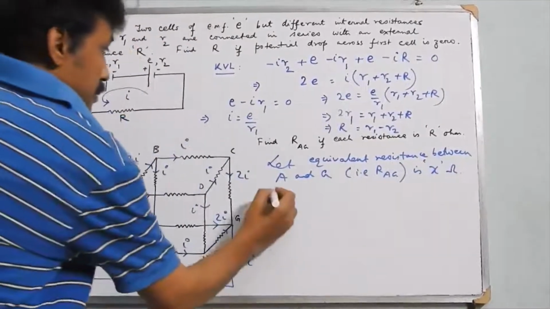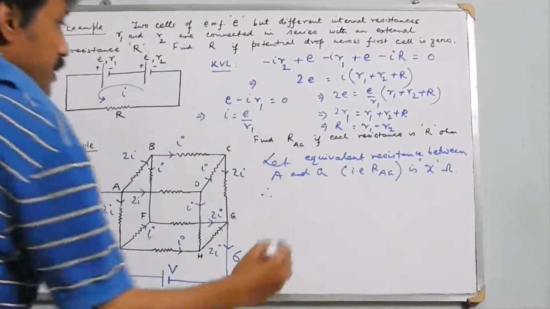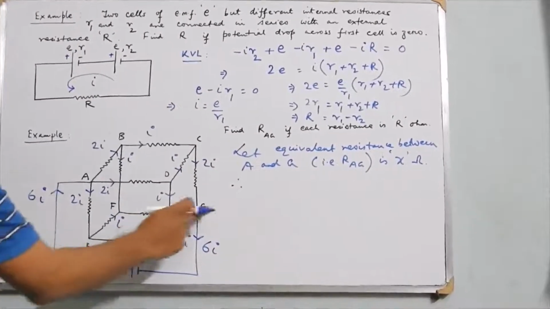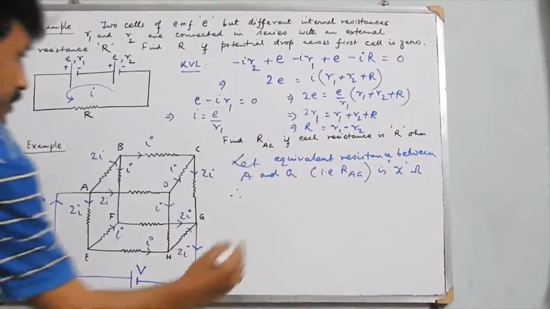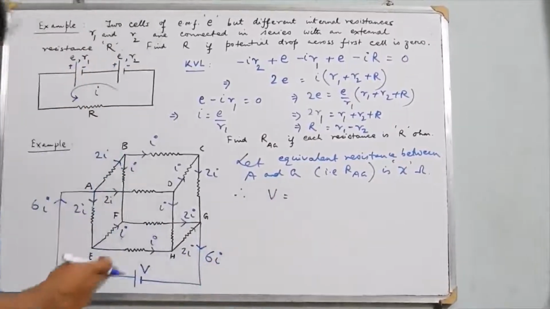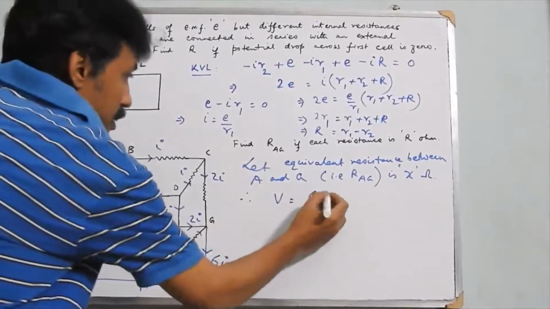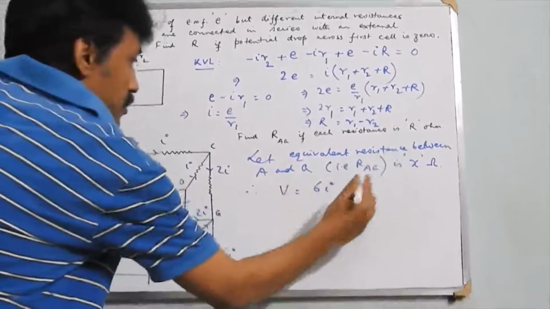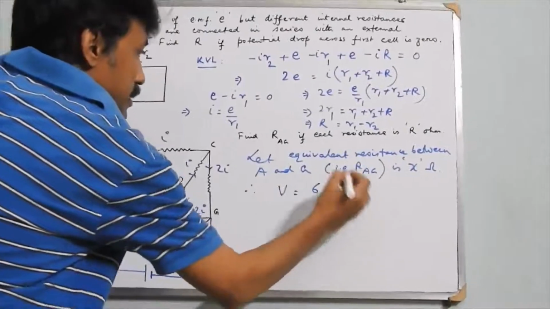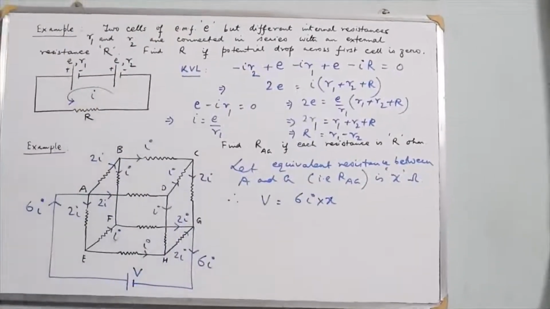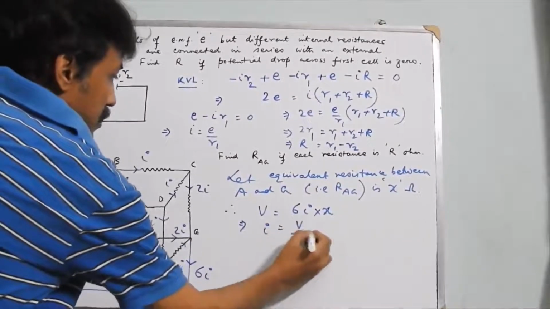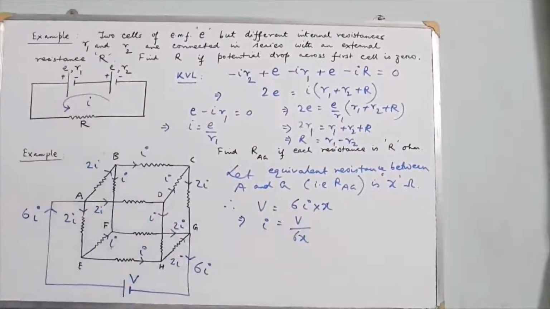So therefore, by Ohm's law we can write potential difference is current into resistance. So potential difference between A and G is obviously the battery EMF, that is V. The current delivered is 6I. So V equal to current into resistance. Resistance we have assumed between A and G is X ohm. So this is 6I into X, which means that the current I is V by 6X.